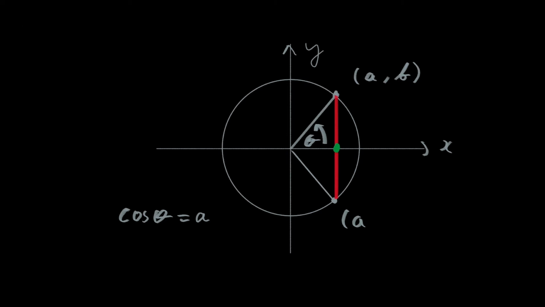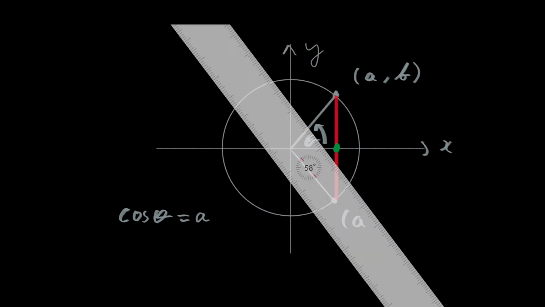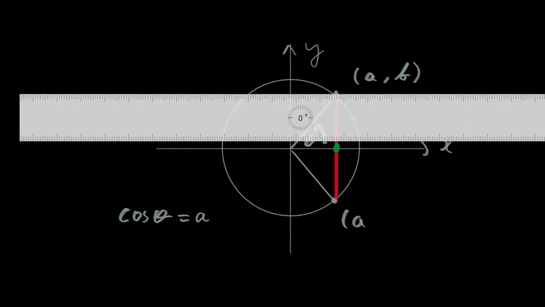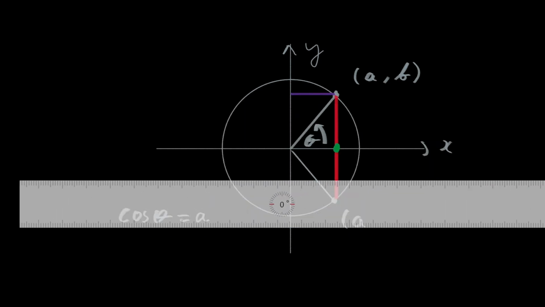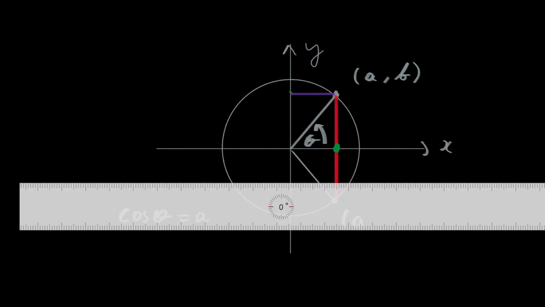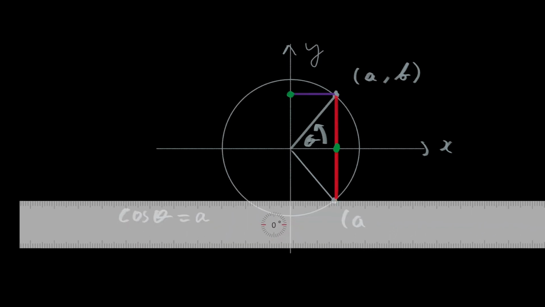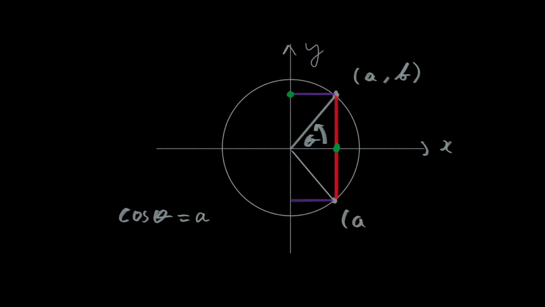But you can see that their y values would be different. This here is y equals b, and this here is y equals negative b. So that's how we know the components of the coordinates of these points. That's a and negative b.